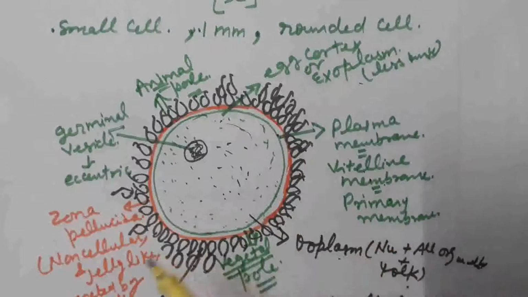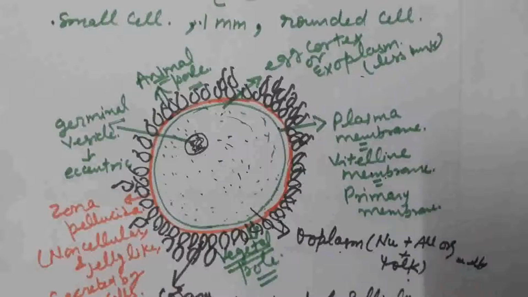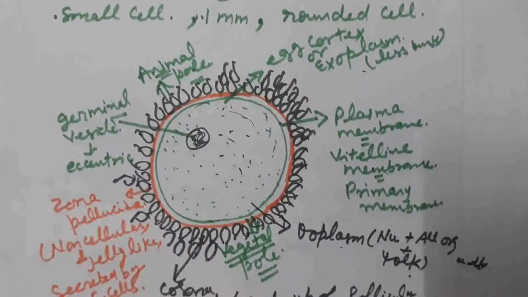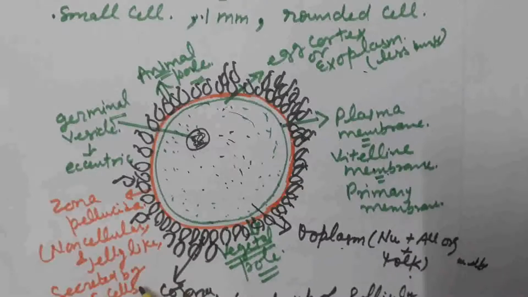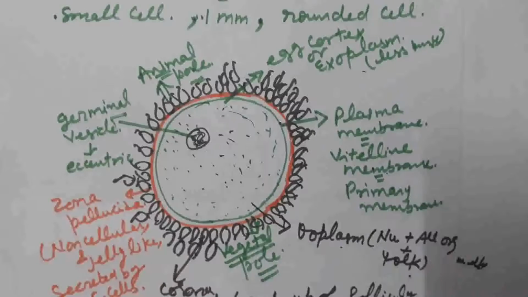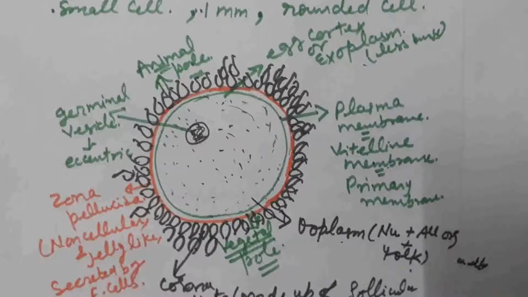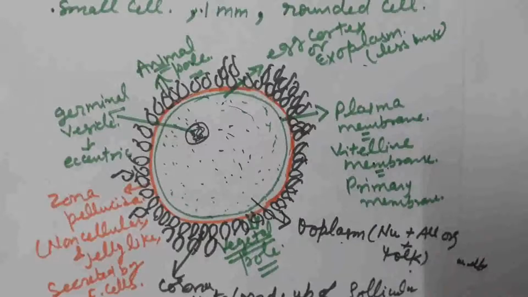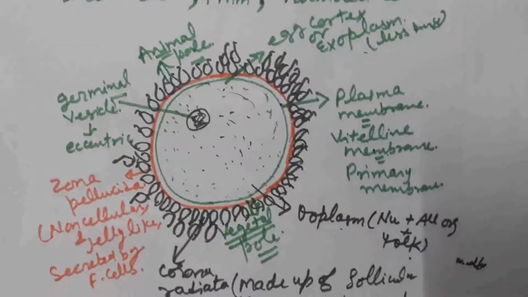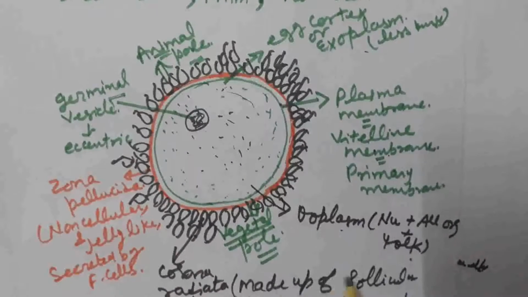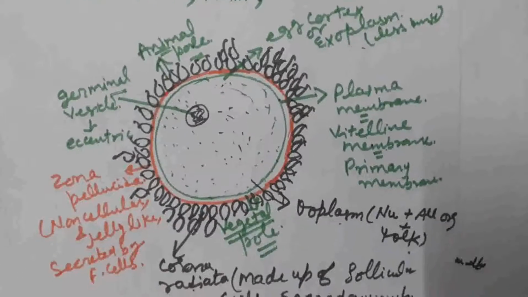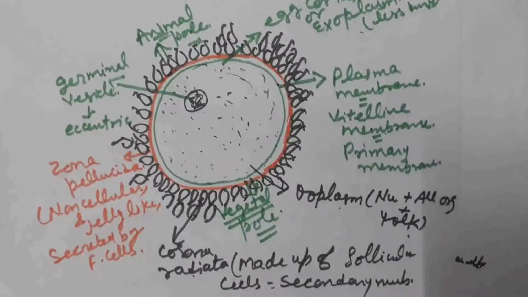Zona pellucida is a non-cellular, jelly-like membrane secreted by the follicular cells, and we count it as a secondary membrane. Around the zona pellucida is another membrane, the corona radiata, which is made up of follicular cells, and we also call it a secondary membrane.